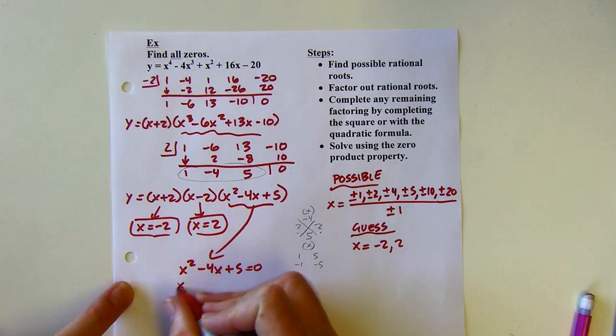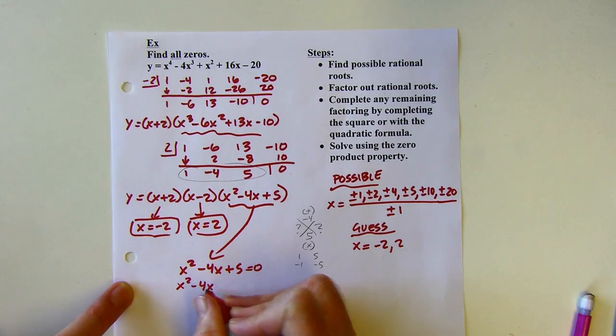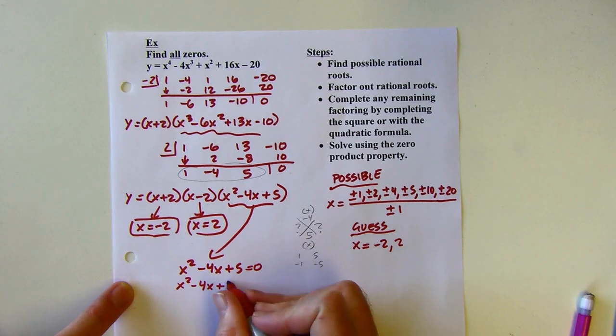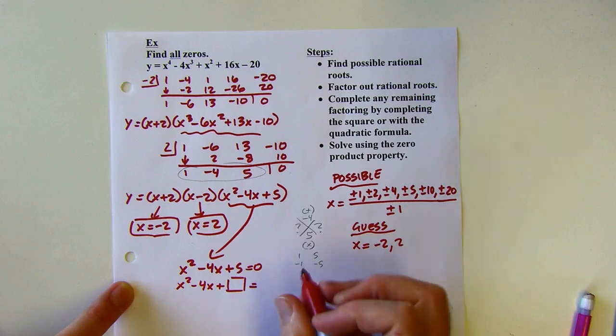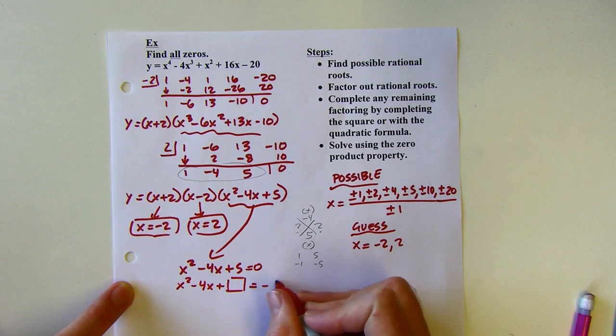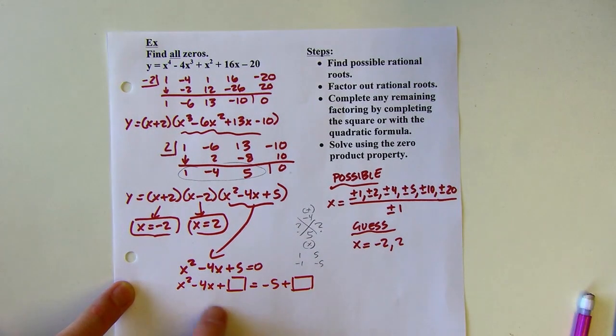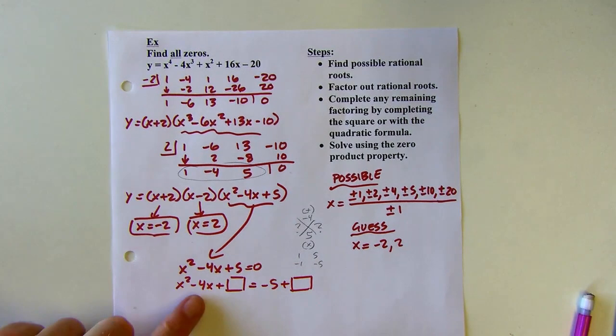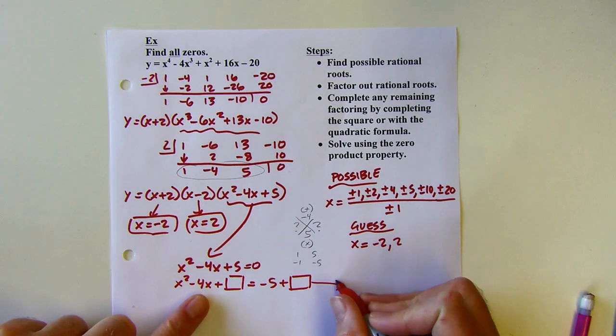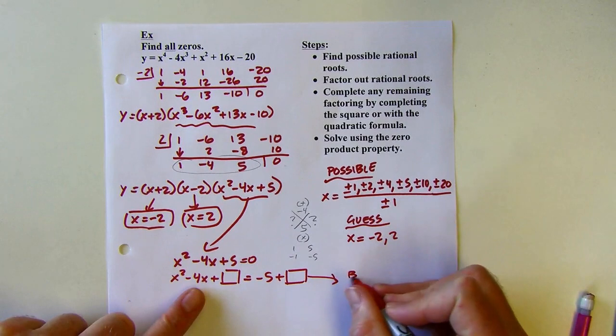So let's see. I am going to move the 5 to the other side. It's not the mystery number that's going to give me a perfect square trinomial, so I subtracted that 5 to move it to the other side. And I'm going to be adding the same thing to both sides so that I can get a perfect square trinomial. To get that mystery number, I'm using b over 2 squared.